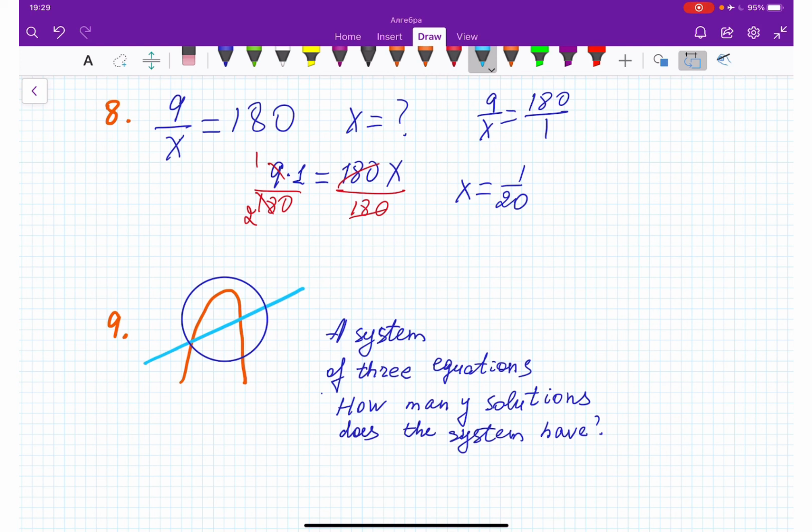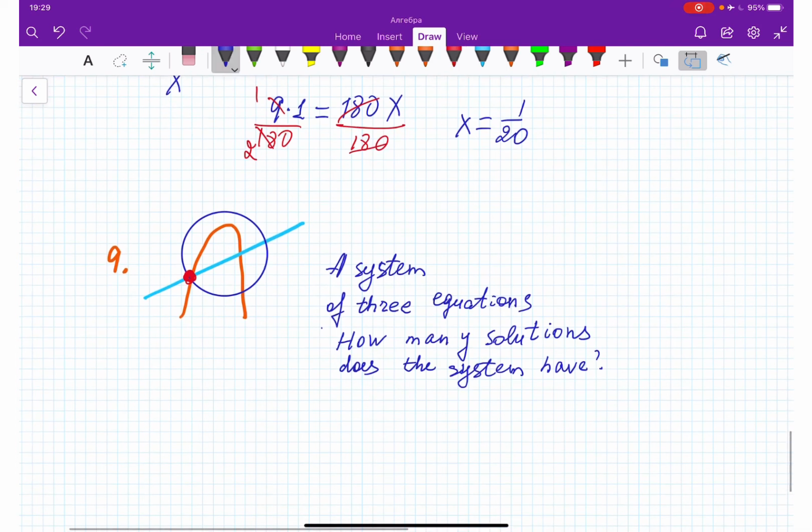If I have a system of 4 equations, the solution has to satisfy all 4. Which means on the graph, I need to find the point where all 3 cross each other. And it is going to be right here. And that's it. There is no other point where all 3 are crossing each other. So the answer is going to be, there is only one solution for this system of 3 equations.